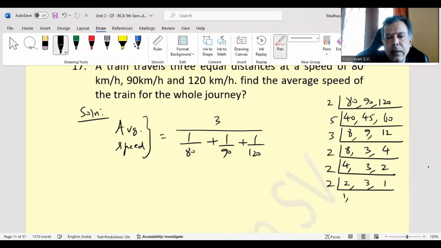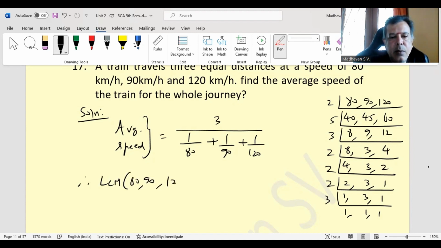We'll get 1, 3, 1. Use 3, 1, 1, 1. Therefore, LCM of 80, 90, 120 will be 2 to the power of 4 multiplied by 3 to the power of 2 multiplied by 5. We get 16 into 9 into 5. So we'll get 720 as the LCM.